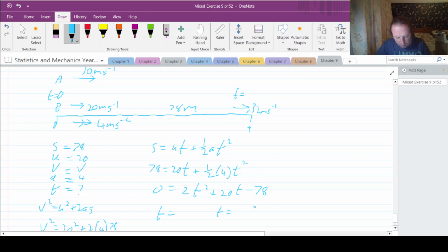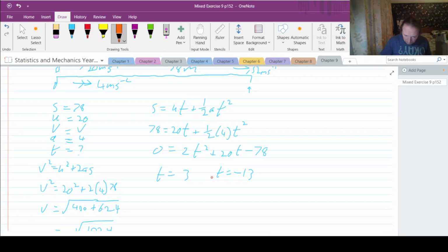Okay, we can come in here, polynomials number 2. So 2 on there, 20 on there, and minus 78 on there. And we get a t of 3 and minus 13.